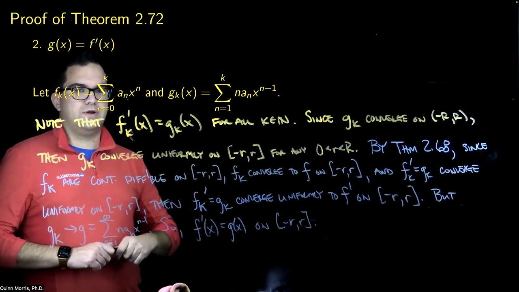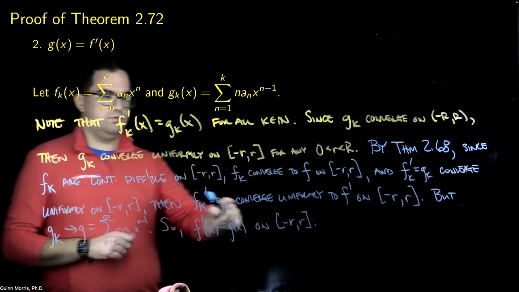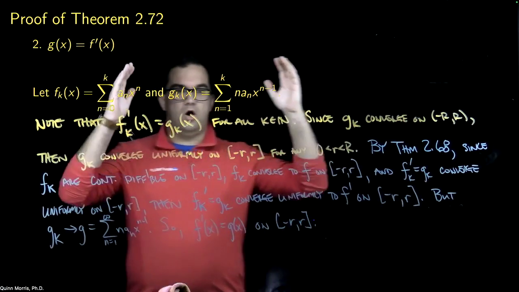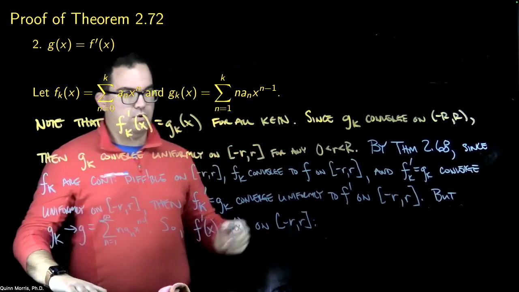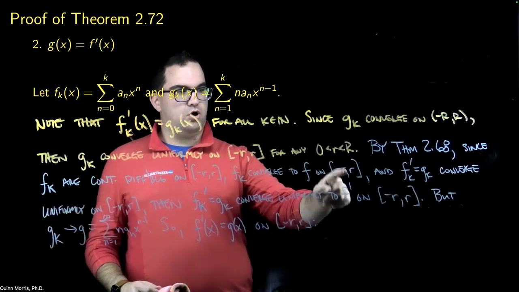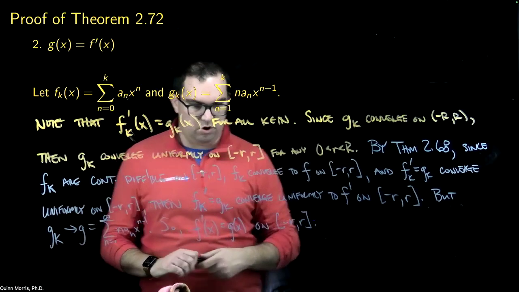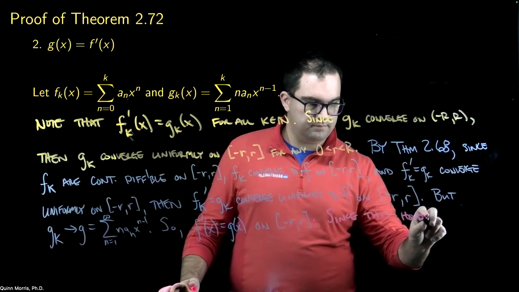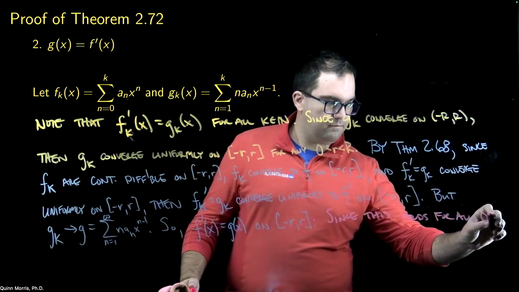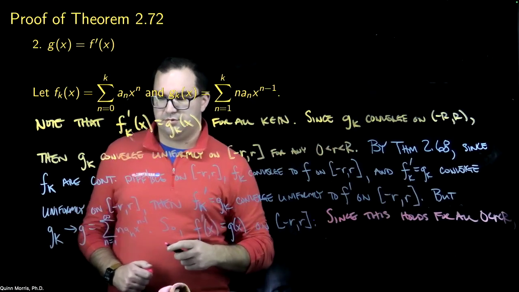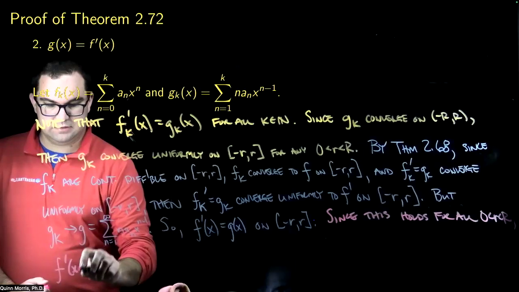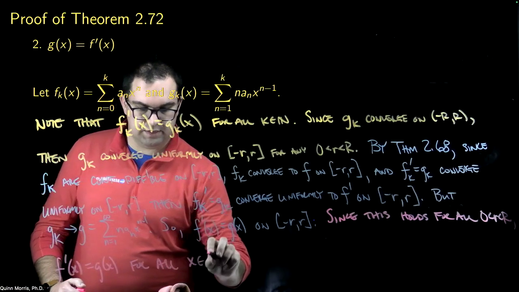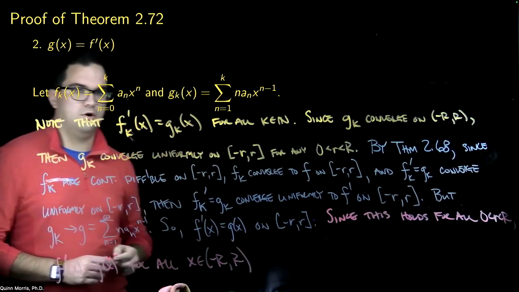Okay. So now the question becomes, great, that's true on the closed interval minus little r to little r, but I want this to be true on the open interval from minus capital R to capital R. Well, all of this holds for any little r value between 0 and capital R. And so f prime of x is equal to g of x for all x in minus capital R to capital R, which is what we want.